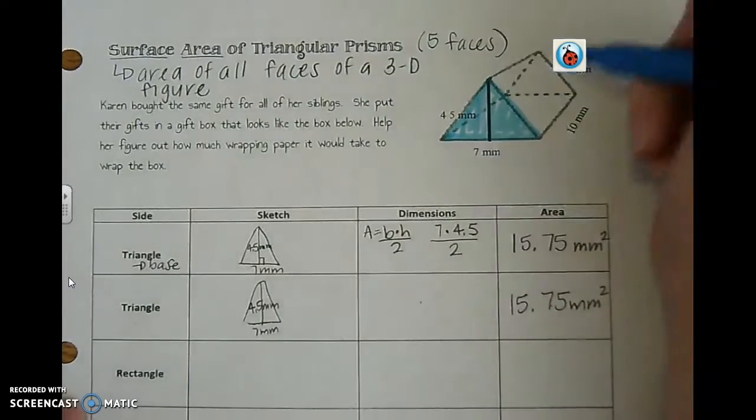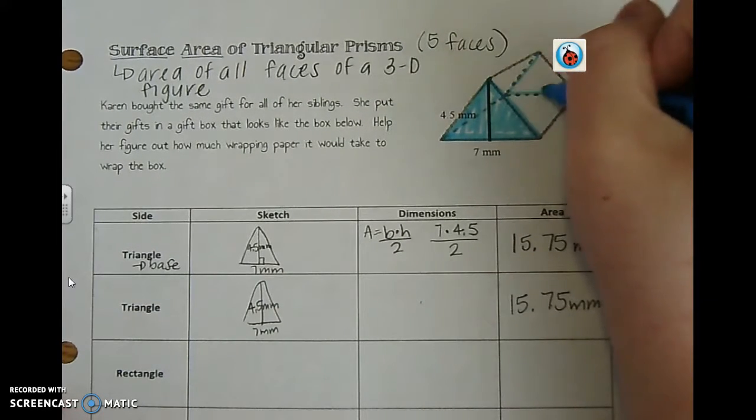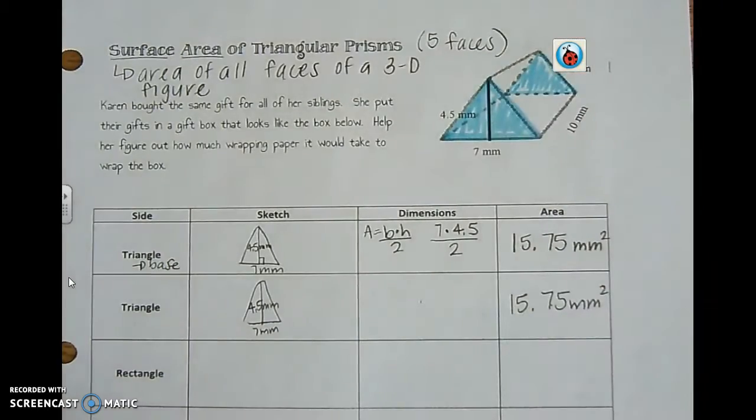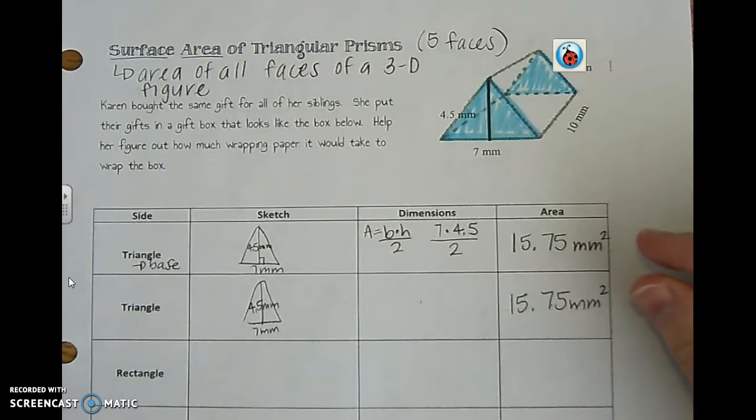So when I'm looking at this figure, this back triangle is congruent. It's the same exact size as the front triangle. So the 2 triangles have the exact same area.